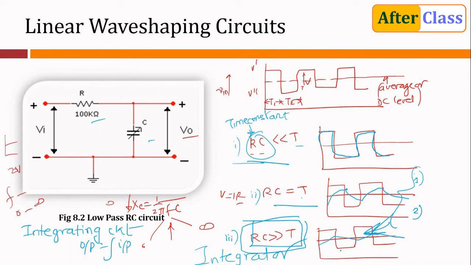That means R should be greater than 10 times XC, or 10 times 1 by 2 pi FC. Followed? So when the given RC circuit fulfills the above conditions, the voltage appearing across capacitor C will be the integral of the input. Fine. Again, this is explained in detail in the next few slides.